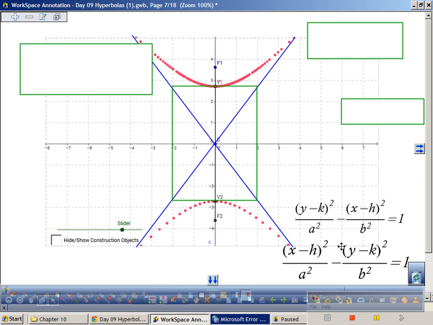But what changes in the ellipse? The A and the B, right? Can anybody tell me why the A doesn't change? The A and the B don't change. Why does the X and the Y have to change? Because remember, what does the A and the B matter when it's an ellipse?